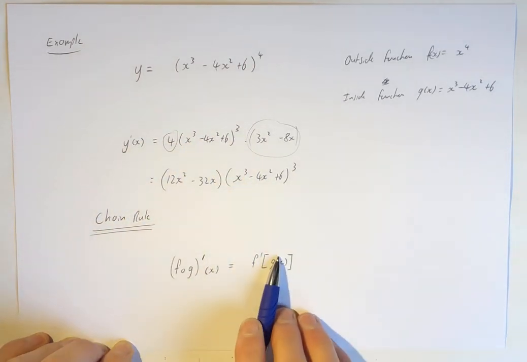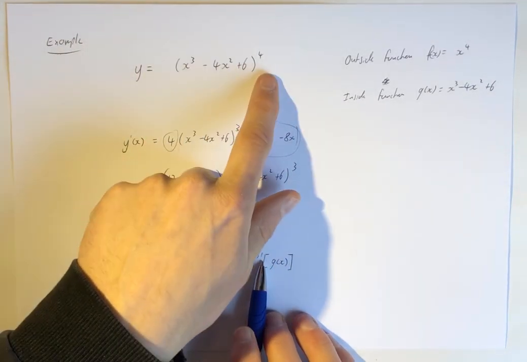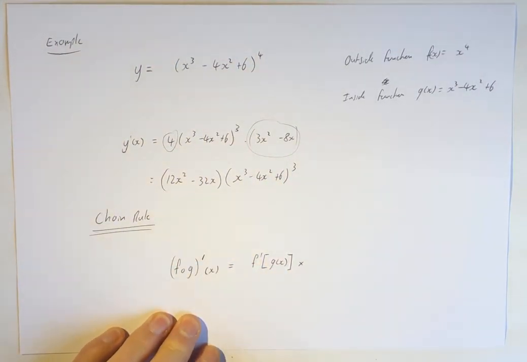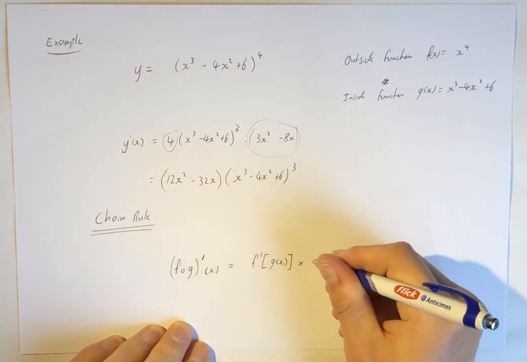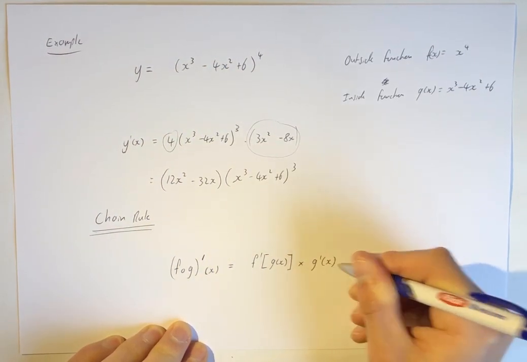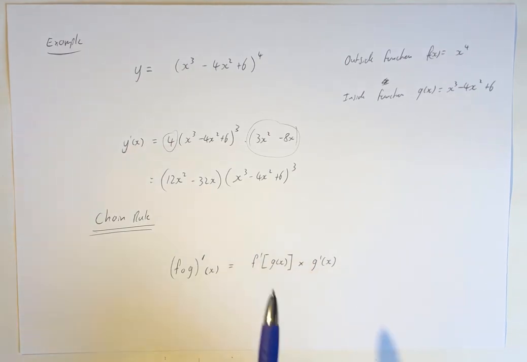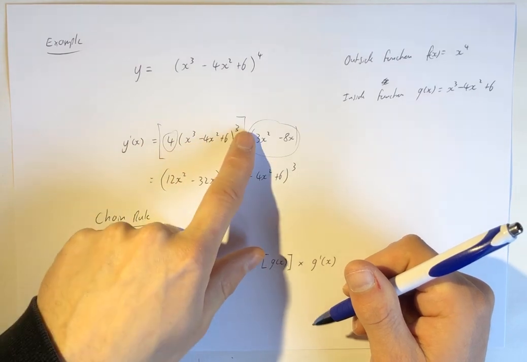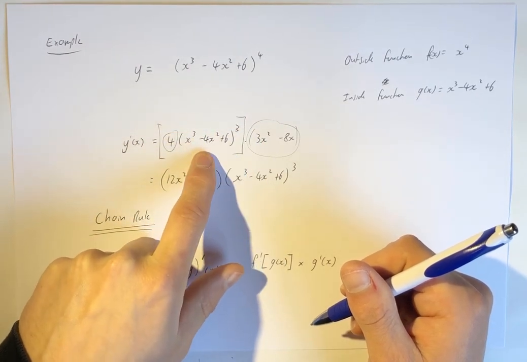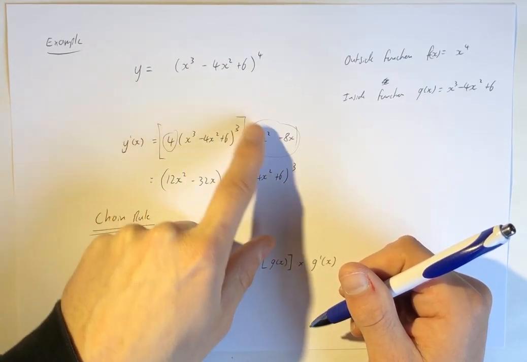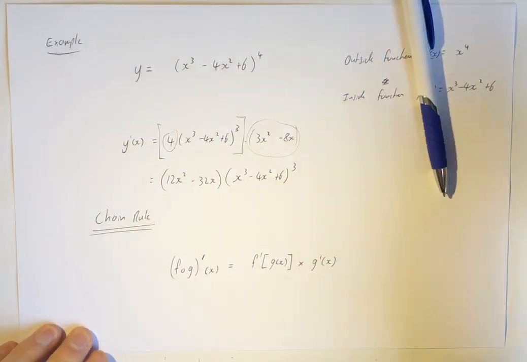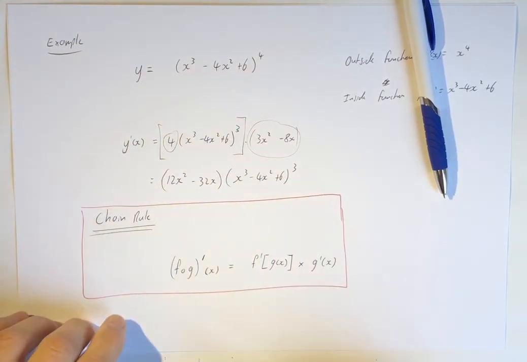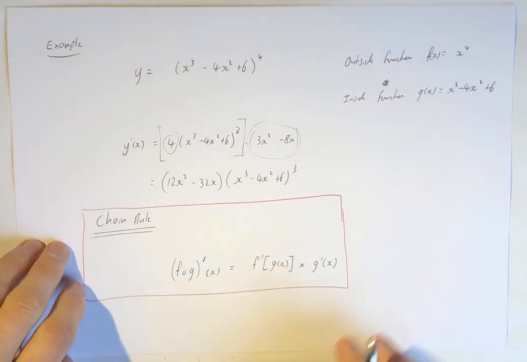So I was just deriving the outside function and leaving the inside function, and then we times by the derivative of the inside function. So it's times by g prime of x. So that bit there is f prime with g of x in it, and then this here is multiplied by g prime of x. And that is the chain rule. I'll do one more example.